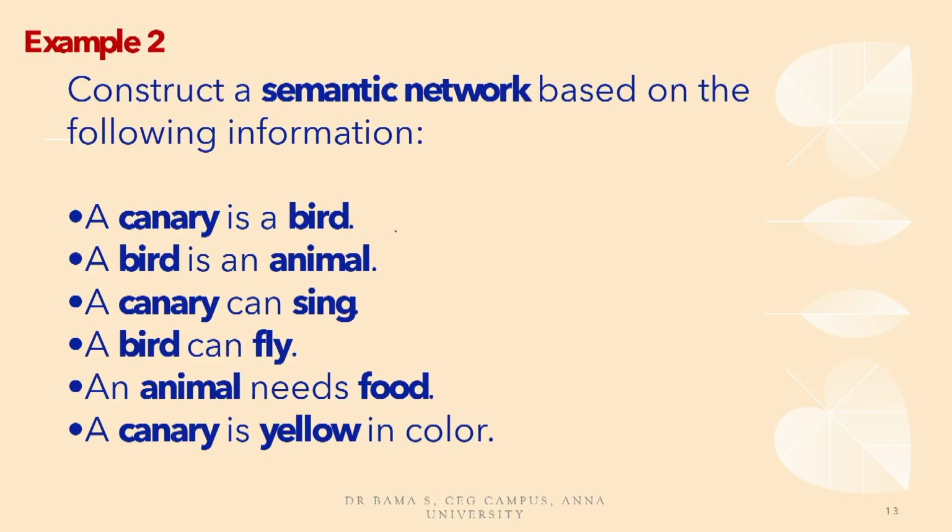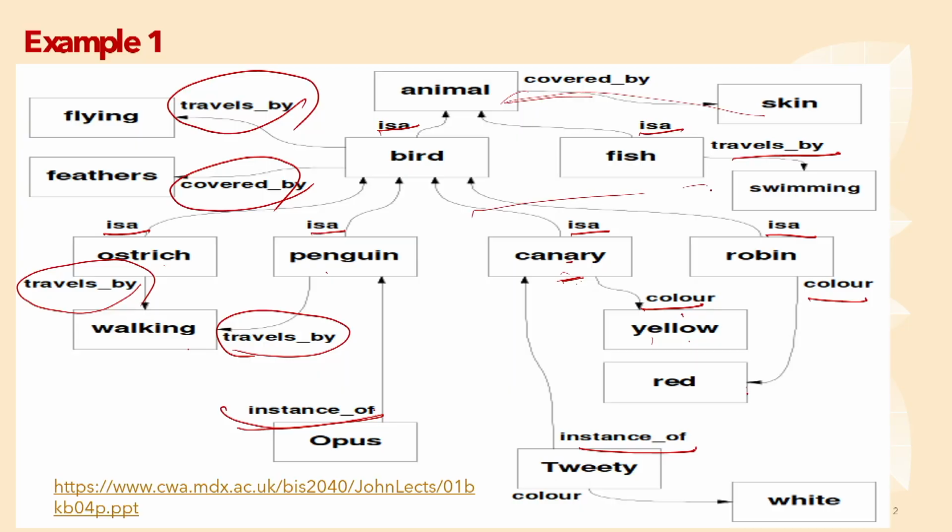Now, this is another example. What we are doing is, given these English statements which are in a simple sentence format, we are going to convert that into a semantic network with nodes and edges. So, given these statements, we have taken this as part of this flow, where we can see canary, bird, yellow, red.